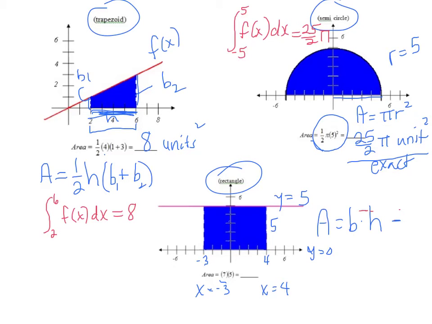And the last one is the integral from -3 to 4 of f of x dx equals, do we find it? 7 times 5 is 35.